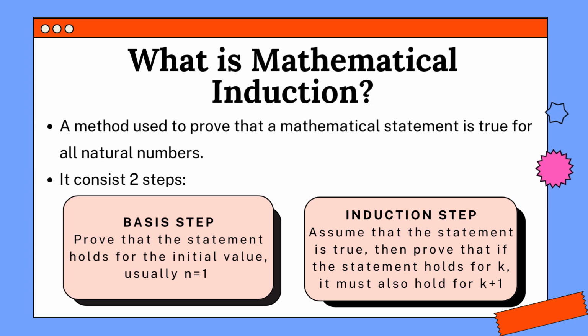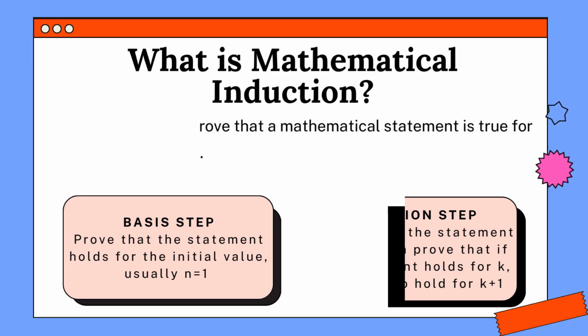The second is the induction step, where we assume the statement is already true for some value k, and then use that assumption to prove it must also be true for k plus 1. Both steps must be satisfied. If we can show both of them hold, then the statement is proved true for all numbers. Now let's look at how this is formally structured.